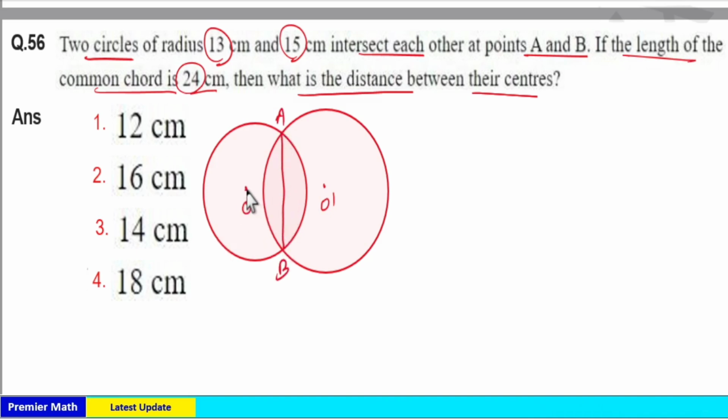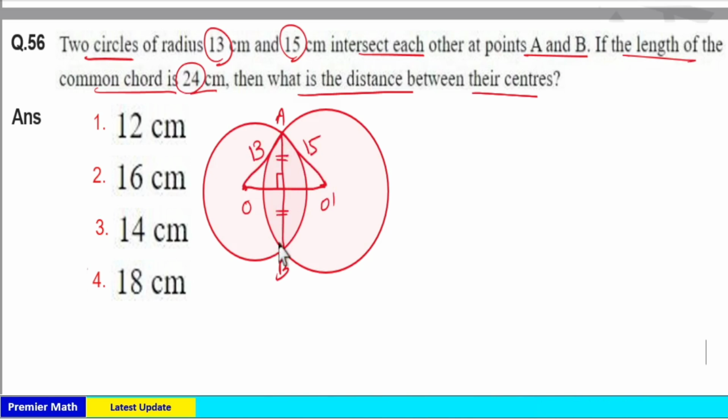Now, if you connect these two centers, the line through the centers divides the common chord perpendicularly into two equal parts. This is 90 degrees, two equal parts. Now you can see this is the radius of the first circle, which is 13 centimeter, and this is the radius of the second circle, which is 15 centimeter.